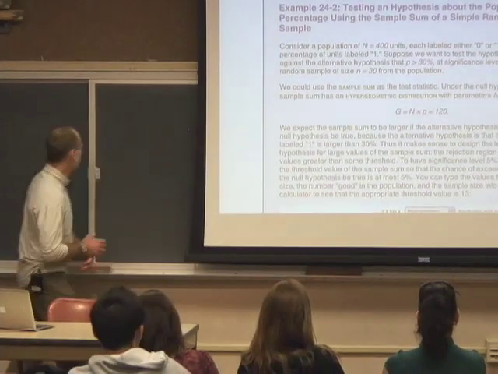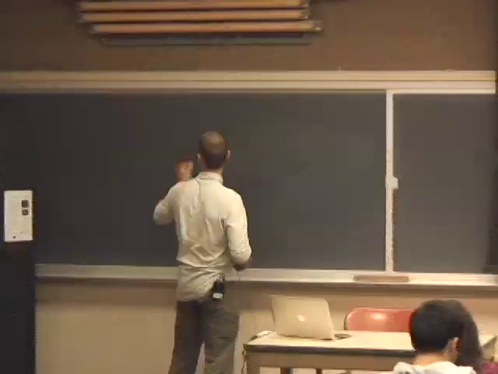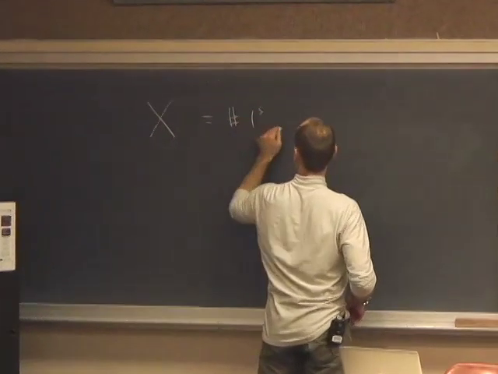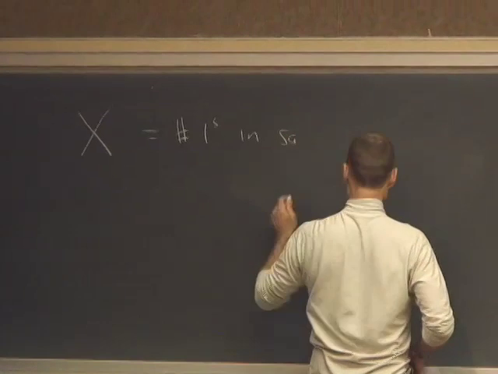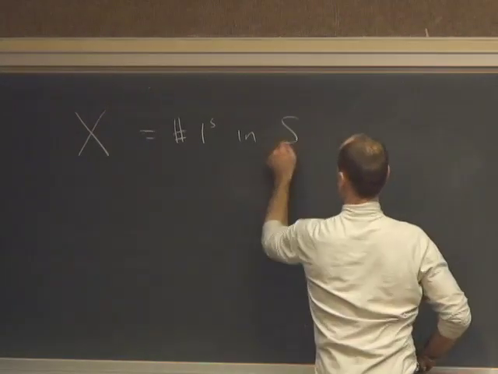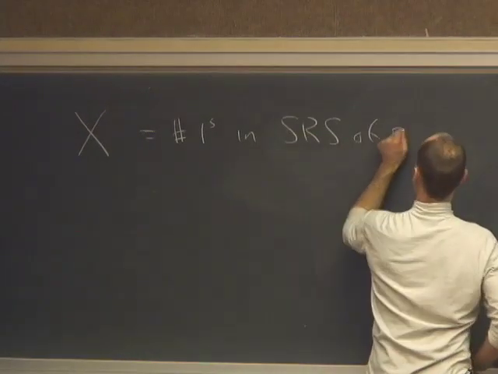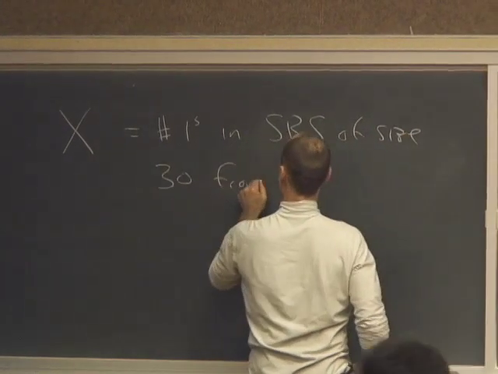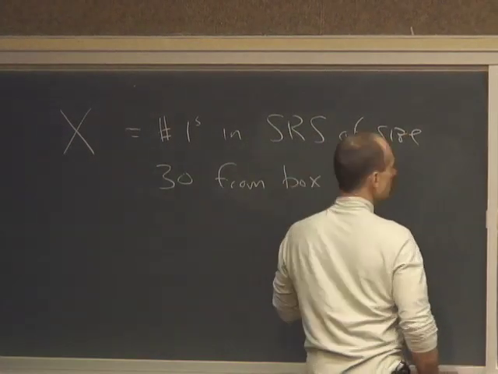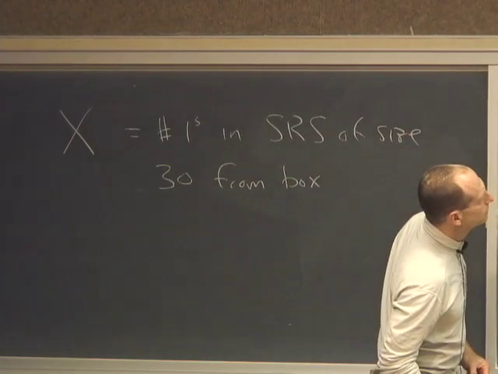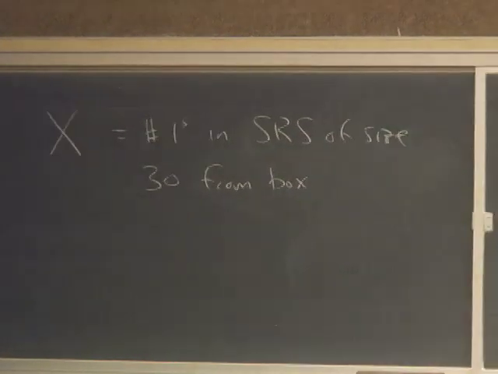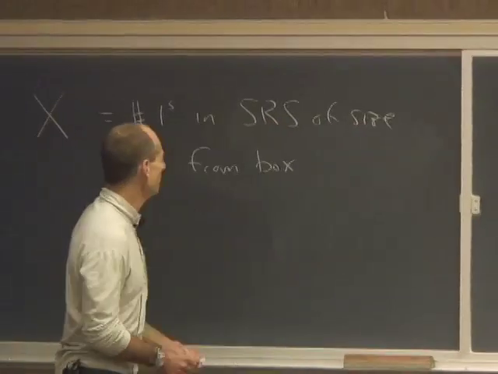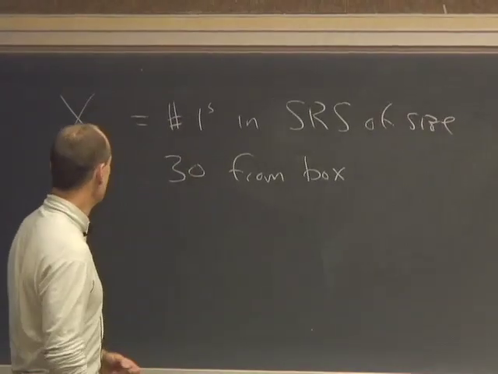So we've got this random variable x, which is the number of ones in the sample, in a simple random sample, SRS. It's a coincidence that we've got 30% and n equals 30. That has no meaning, no particular importance.